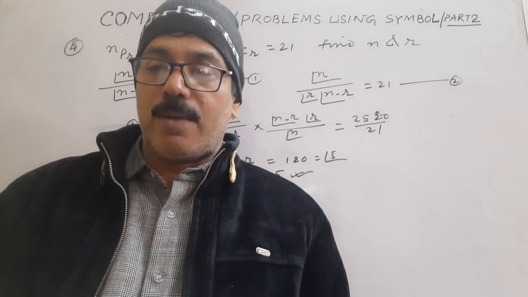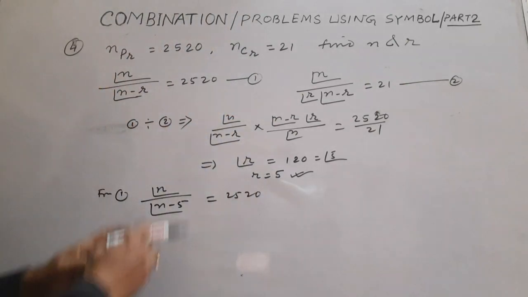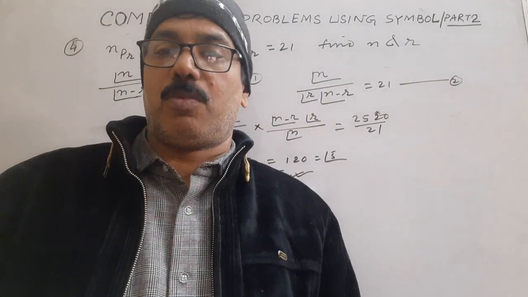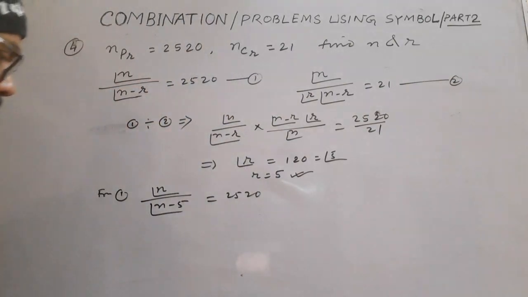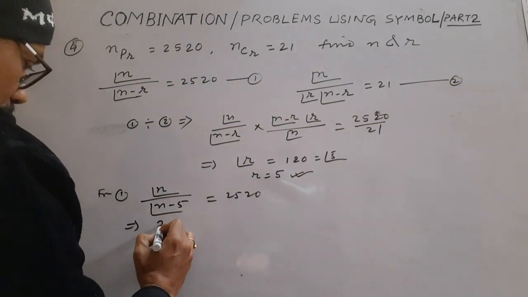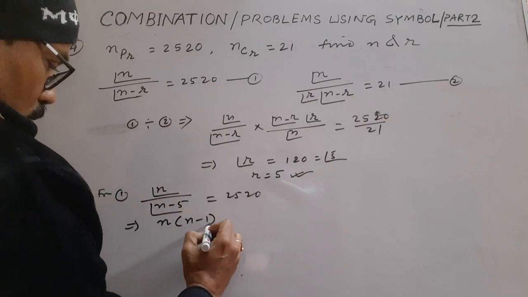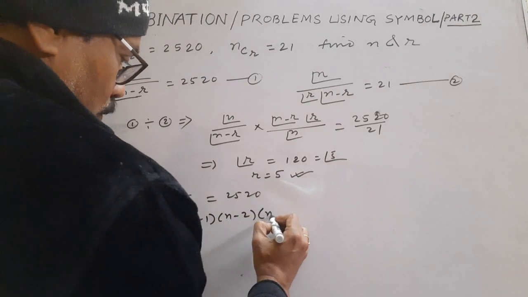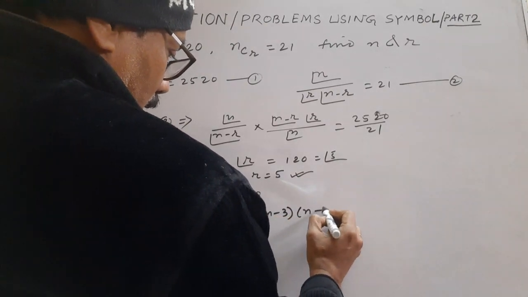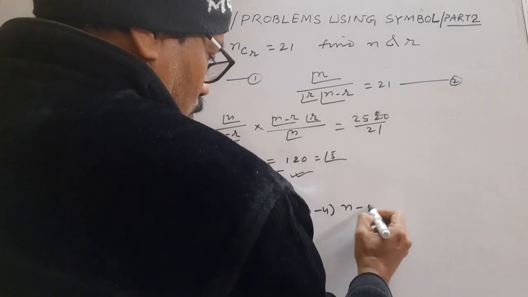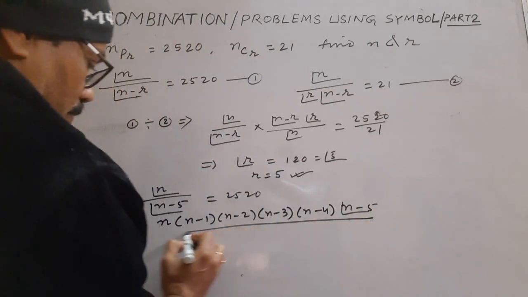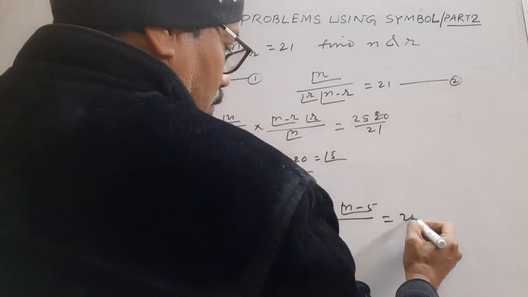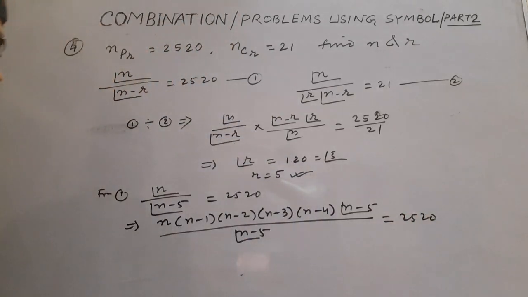So we have to expand the factorial so that we get a relation not involving factorial. So if we expand it, this is n, n minus 1, n minus 2, n minus 3, n minus 4 into factorial n minus 5 by factorial n minus 5 equals 2520.